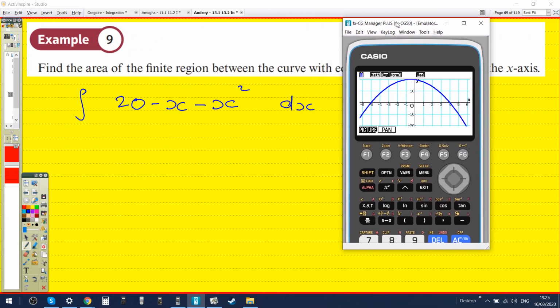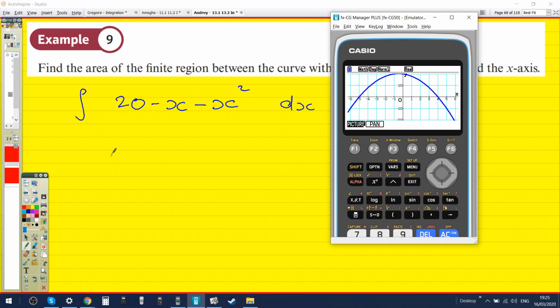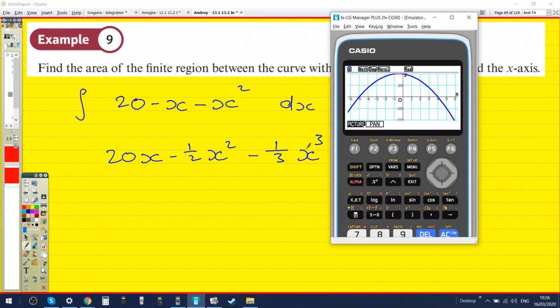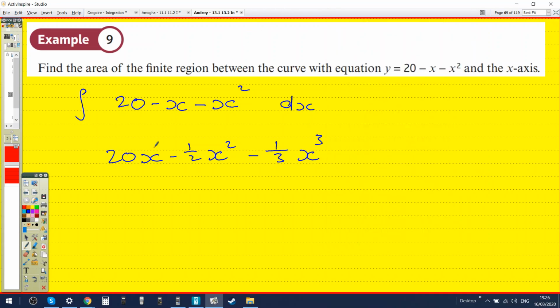So 20x minus a half x squared minus a third x cubed. So we want an area. Where does this curve start? Where does it stop? Curve starts at -5 and ends at 4. And so it is between 4 and -5.